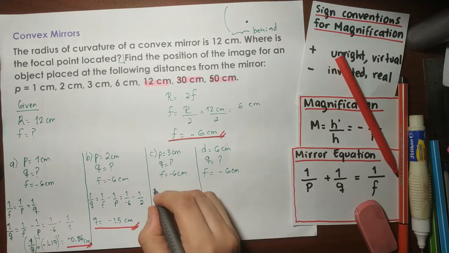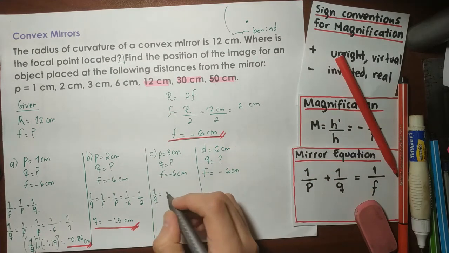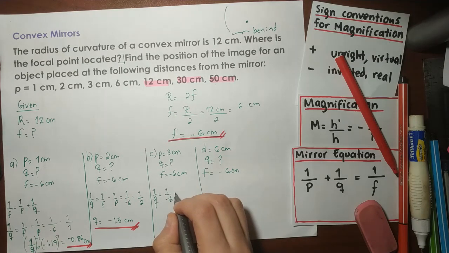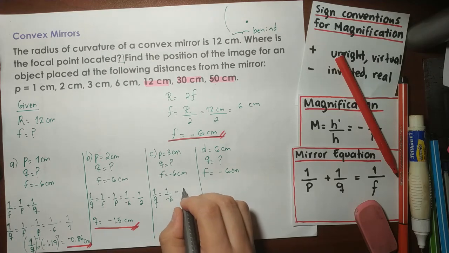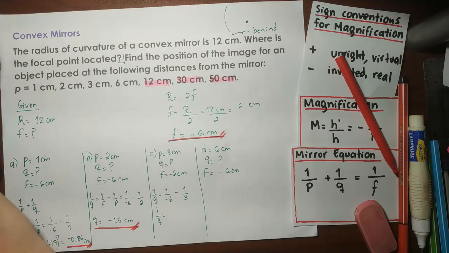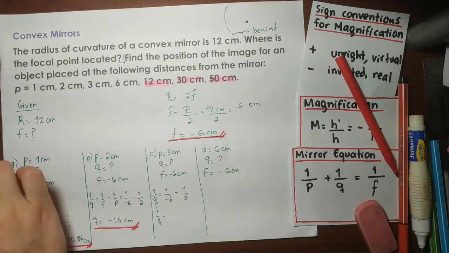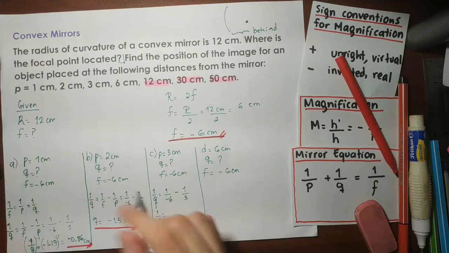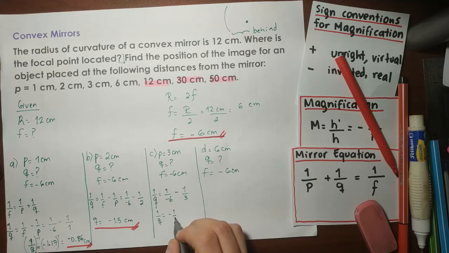Now here, 1 over Q equals 1 over negative 6 minus 1 over 3. So 1 over Q is equal to negative 1/6 minus 1/3, which is negative 1/2.